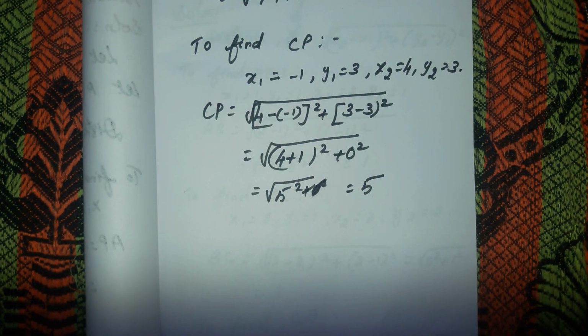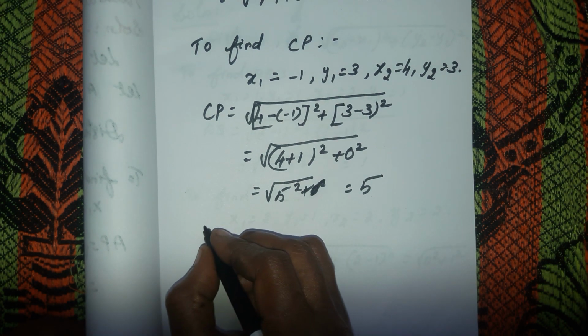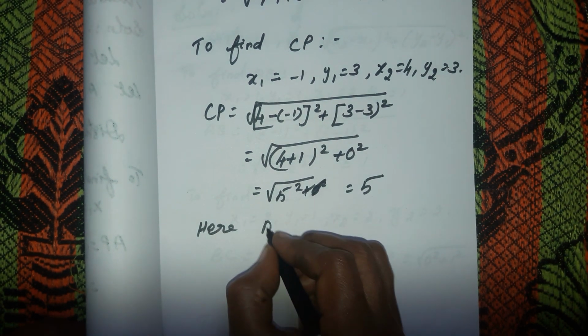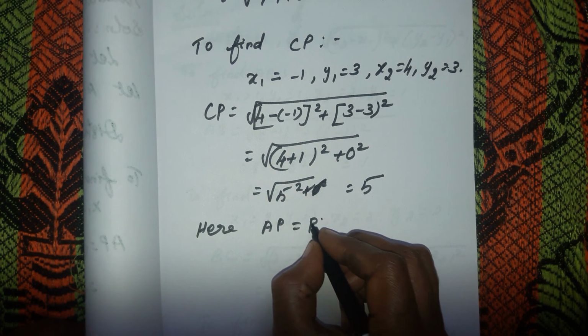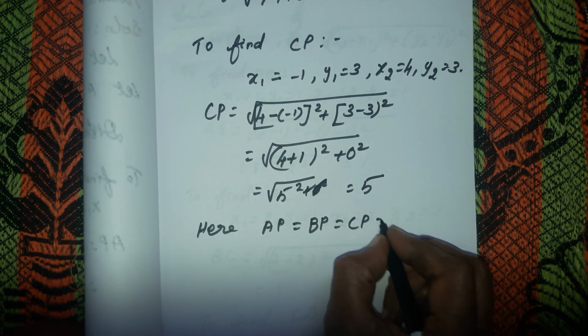Here we are getting that AP is equal to BP is equal to CP is equal to 5.